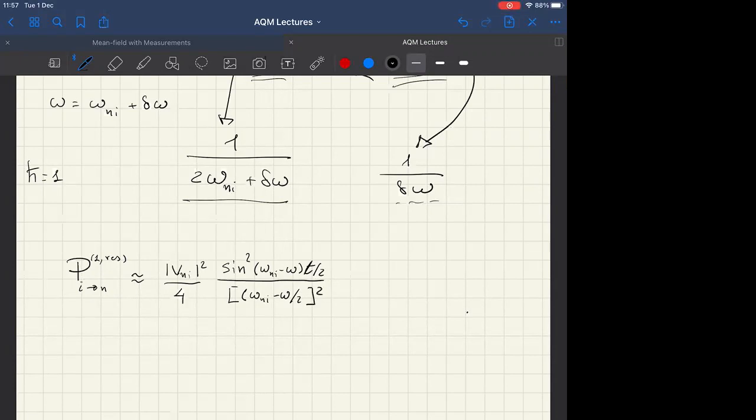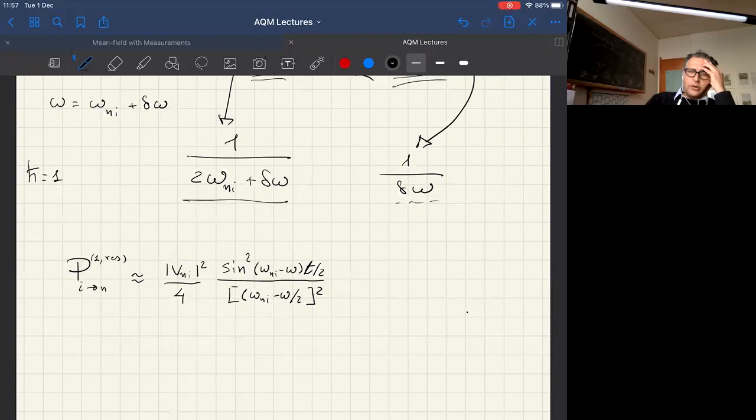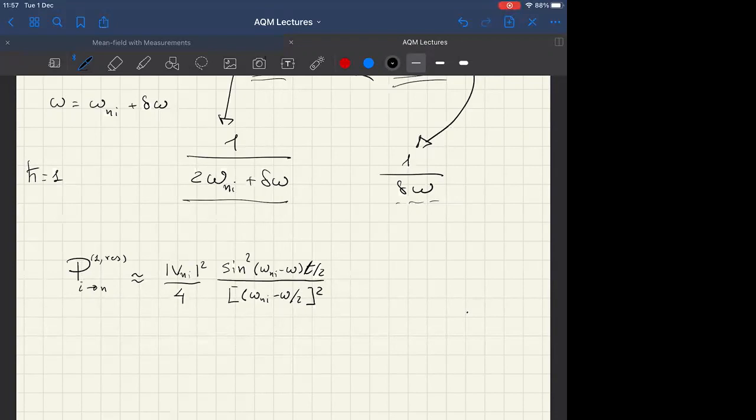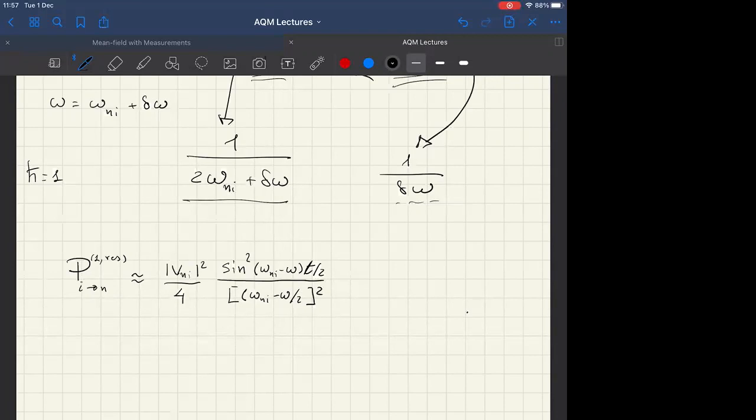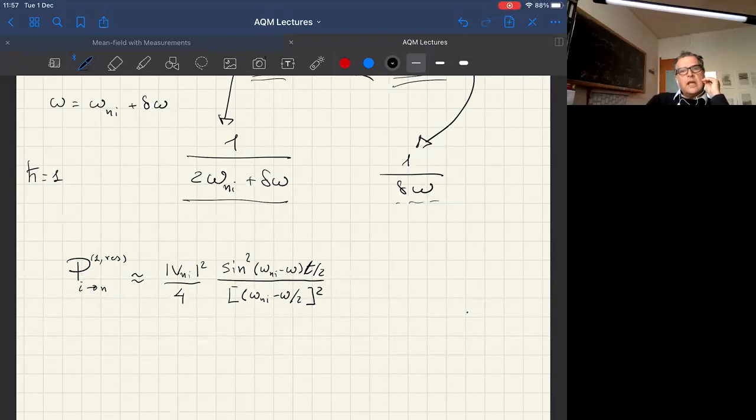Professor, let me ask, maybe this is a useless question. When we say h bar equals 1, does it have any physical meaning or is it just for convenience of calculation? No, it's just for convenience. Okay. Setting h bar to 1 means that you're just fixing the units.